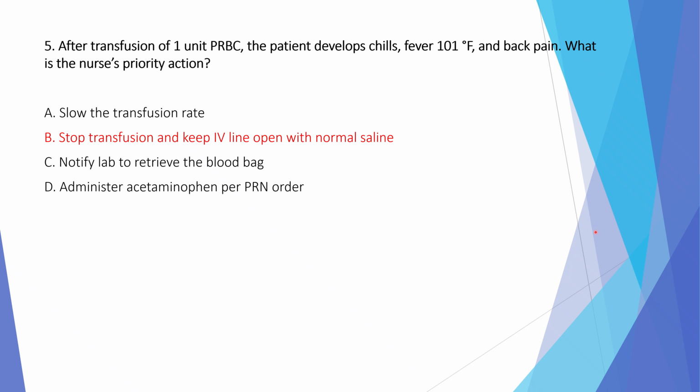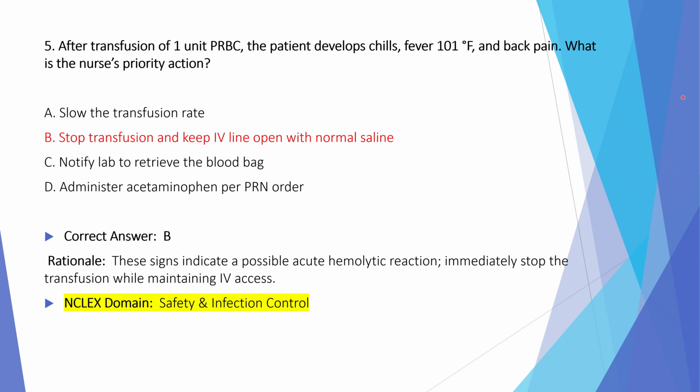Stop the transfusion and keep the IV line open for normal saline. Those signs indicate a possible acute hemolytic reaction. Immediately stop the transfusion while maintaining IV access.